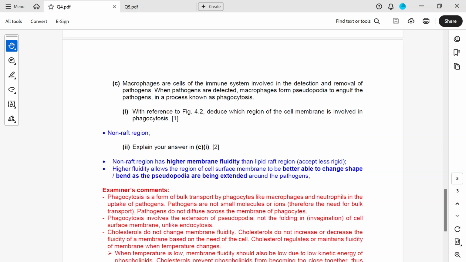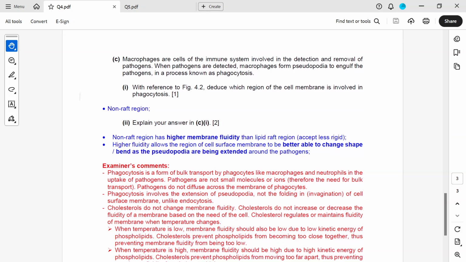But pathogens cannot escape anyway, because they are too large to diffuse across the membrane, regardless of how permeable the membrane is. So this is not about permeability for those who have chosen the raft region and said that it is less permeable, to trap the pathogen.